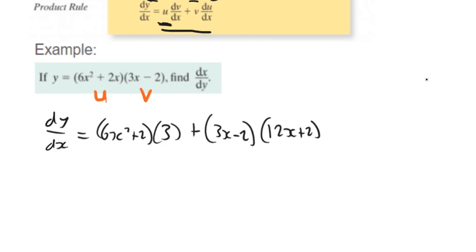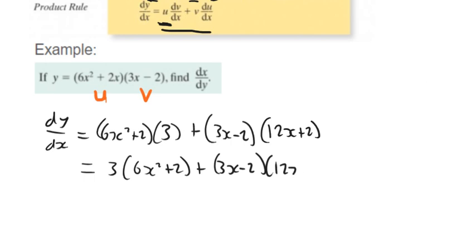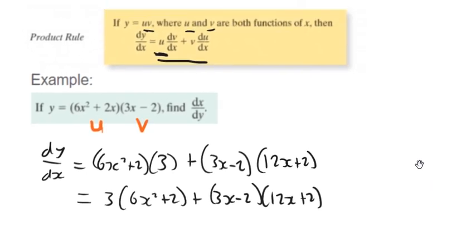So you can go on and just put the 3 in front there just to tidy it up slightly. And you could go and multiply out these double brackets, but there's no real need, or it's not required here anyway. That's going to be the answer.